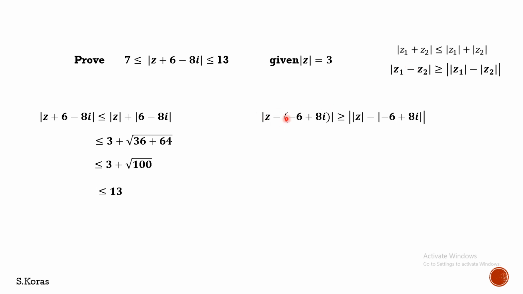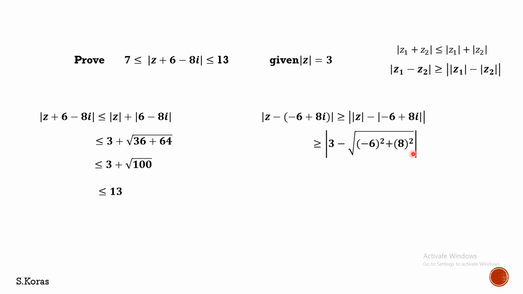If we split this single modulus with subtraction into double modulus, as you know, the split one, which is under the absolute value, will be the lesser one. Now for this absolute value, let us write the same.